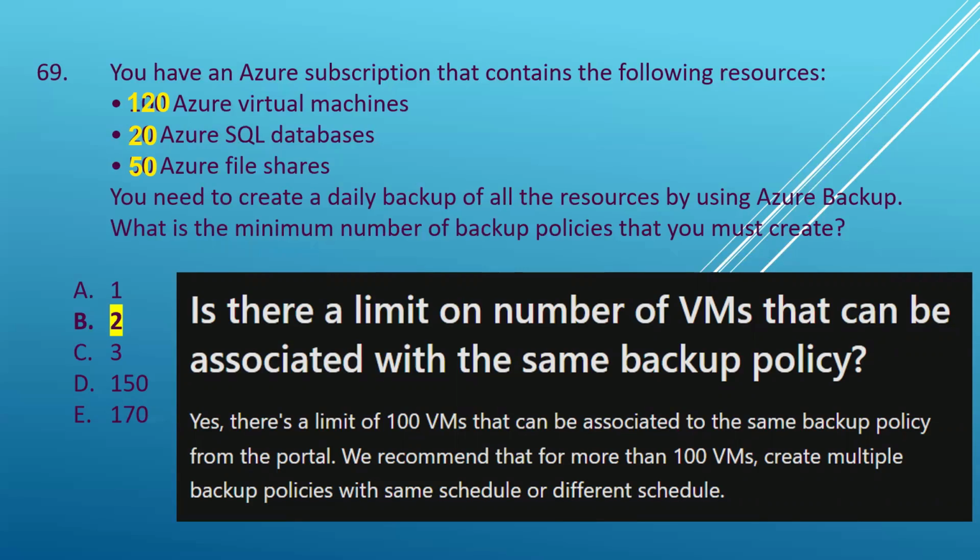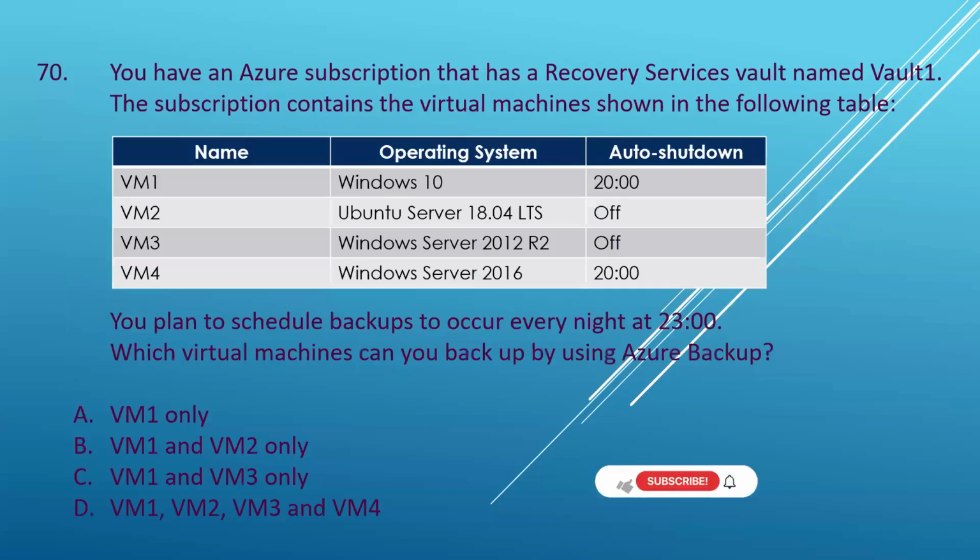If the question had maybe 90 virtual machines, then 1 backup policy would have been enough. So it is very critical that whenever there is some data mentioned in the question, make sure that you are looking at the numbers as well, because they might give you numbers which are just at the border, which is what is seen in this case.